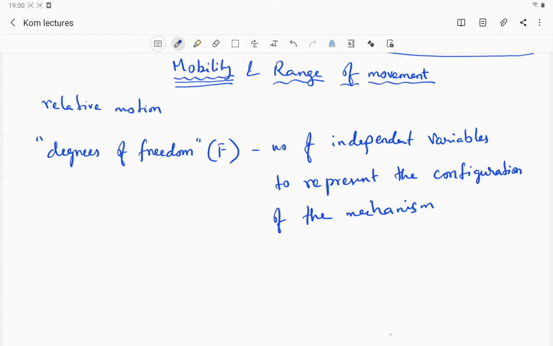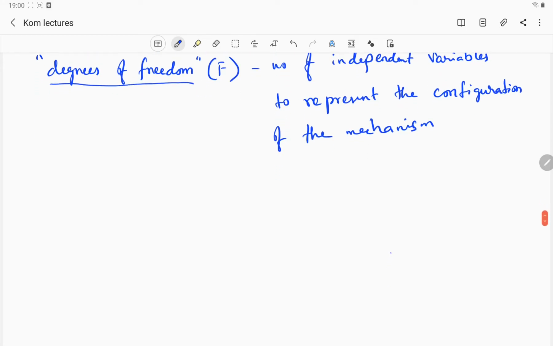Okay, so first we need to know how to identify this degrees of freedom for a given mechanism. The degrees of freedom depends on at least two things.